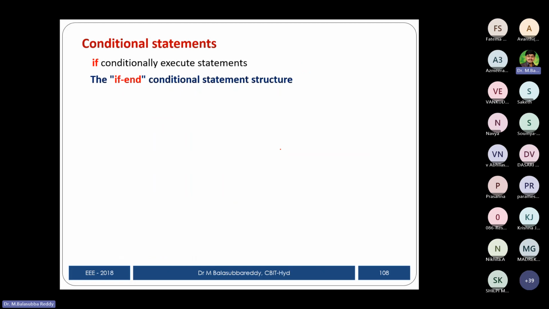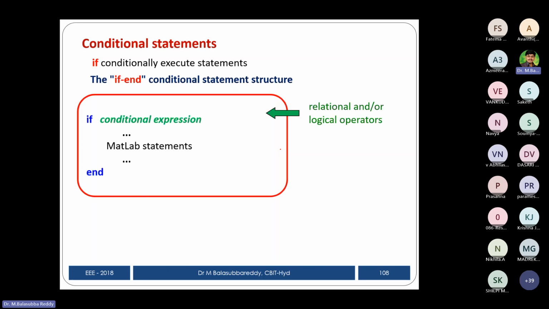If and end. The first statement is the if condition. The basic if condition is where we check only one statement. If it is true, it executes inside. If it is false, it automatically comes out. It will not go inside the if block. That is one basic way.